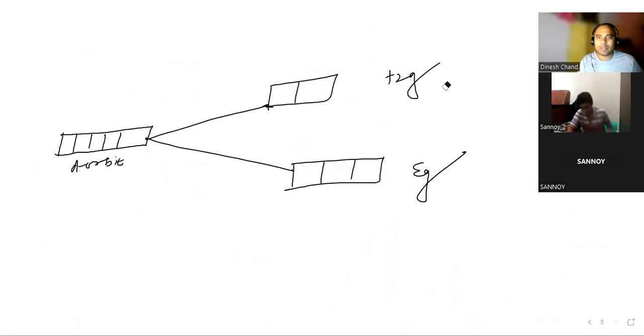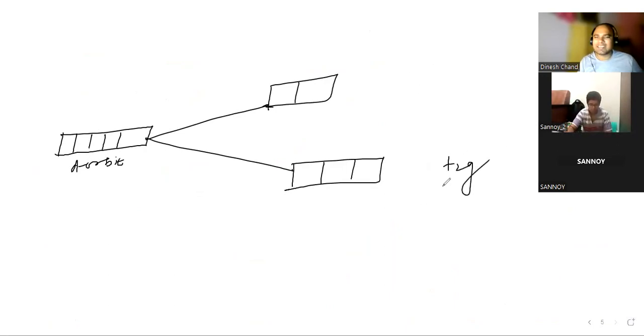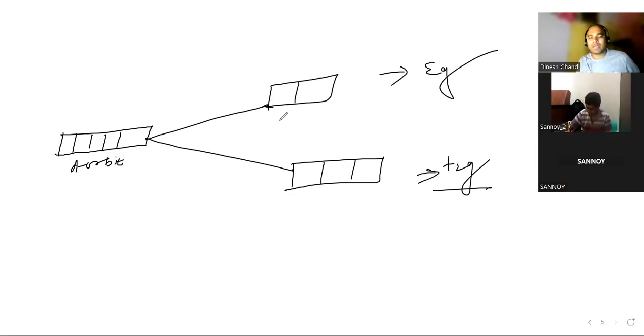Oh, sorry, T2G will be downside. Its name is triply degenerate. These 3 orbitals have the same energy, and this is called the EG orbital. These 2 orbitals have the same energy. That is why I told you, later on it will be very helpful to you. This one is dx square minus y square and dz square, and here are dxy, dyz, dzx.